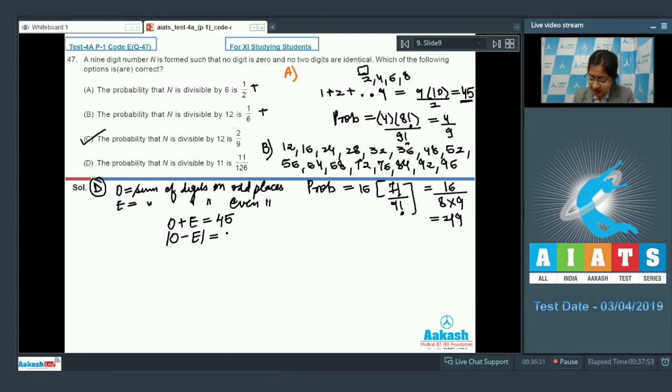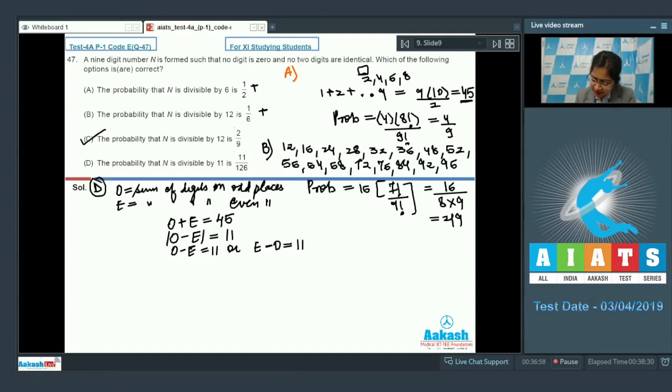Now, it can either be equal to 11 or... this number should be an odd number, right? Because if |O minus E| is an even number but O plus E is an odd number, then it will not be a natural number, right? So it should be odd. So the only possibility is that |O minus E| should be equal to 11. So from here we will have either O minus E equal to 11 or E minus O equal to 11, right?